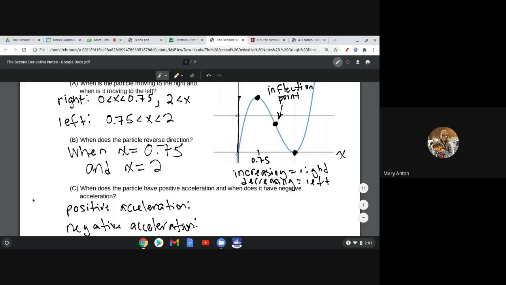Okay. And what did we want to estimate that point to be? Ish. That's okay. Okay, so mathematically it wouldn't be. Mathematically, what would it be? Halfway between 0.75 and 2, right? So like 1.37.